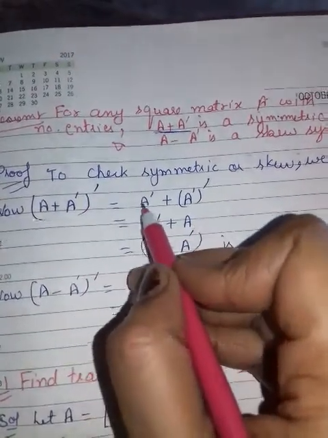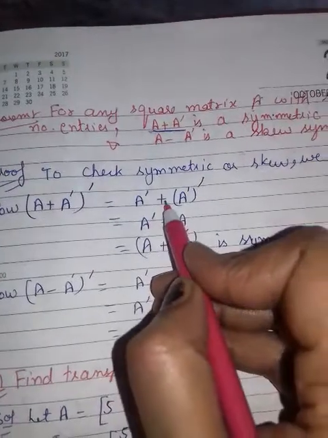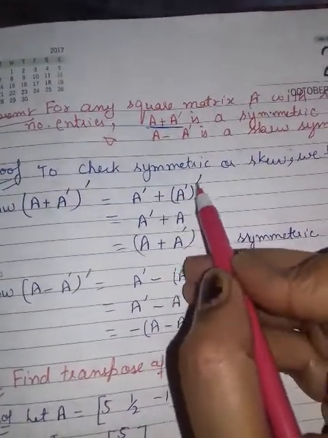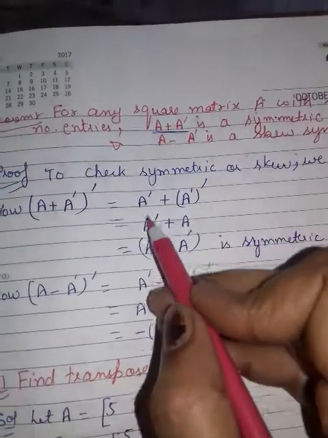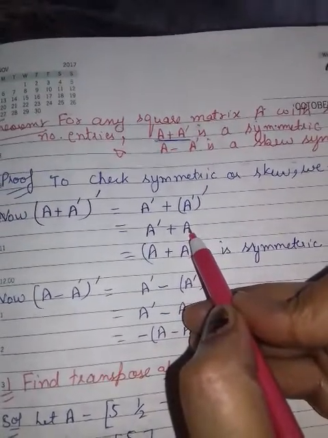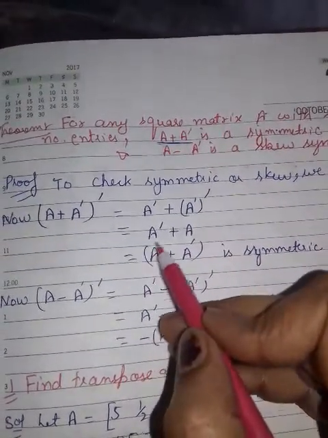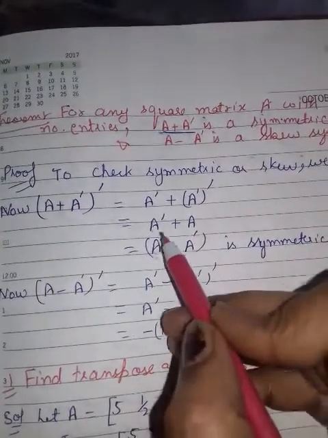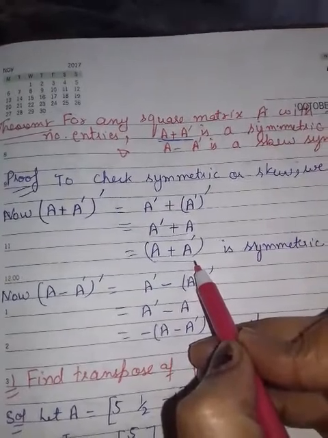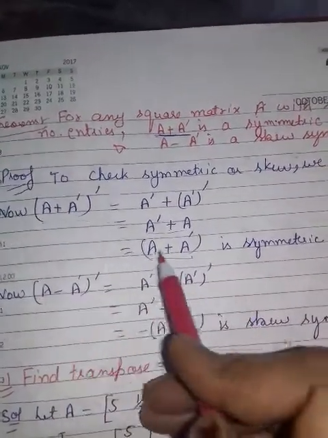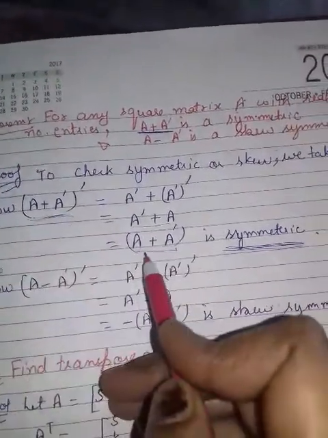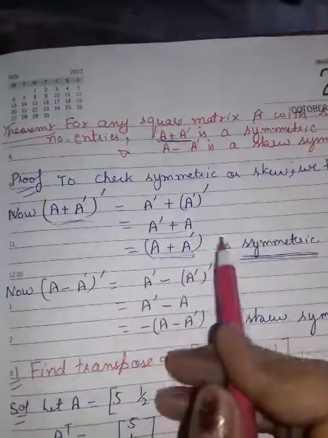Whenever you open the bracket, you will see A transpose plus A transpose transpose. The plus will remain the same. Two transposes will always cancel, because whenever we take a transpose and then take it again, it cancels. You will get the same matrix. Now we can write this as this, no problem, because addition is commutative. So you are getting the same. This is known as symmetric. Means no change is there, same sign, same transpose.